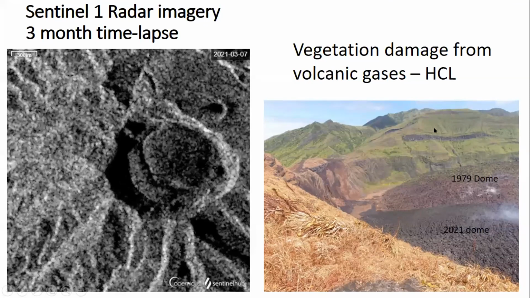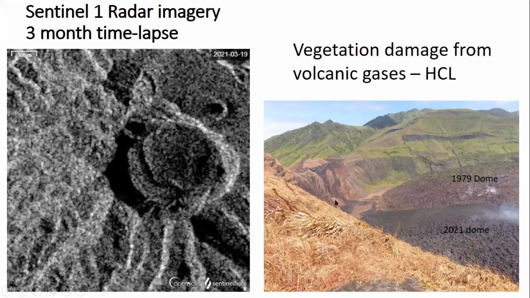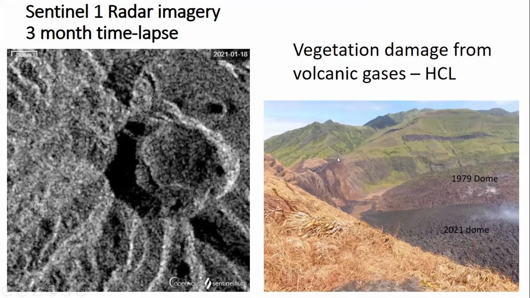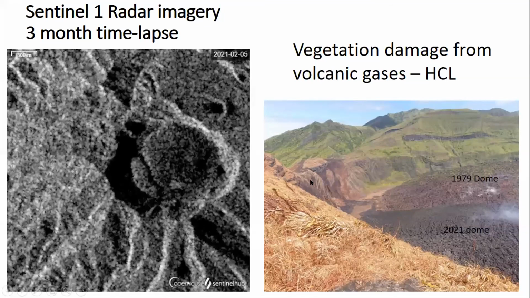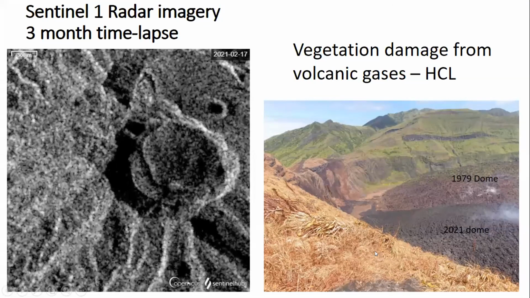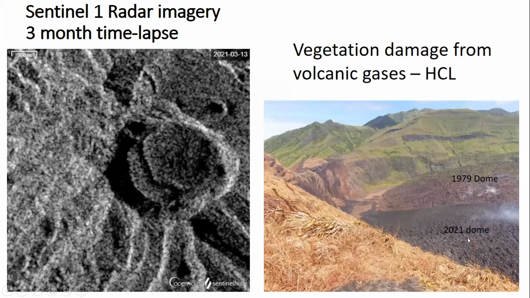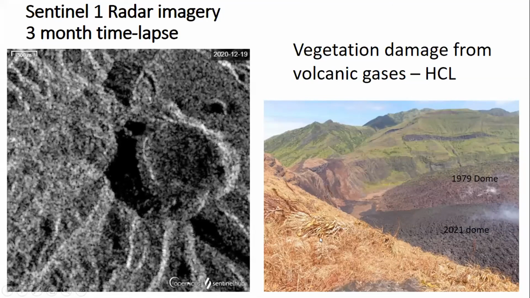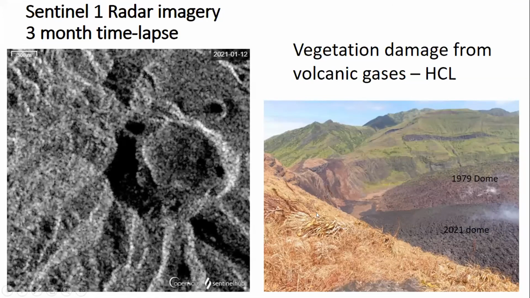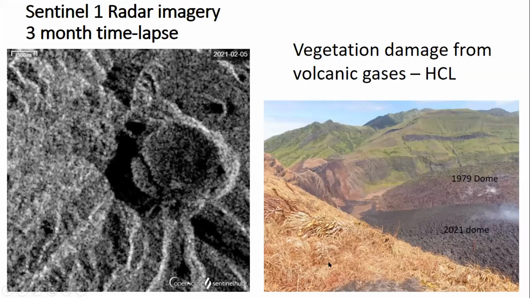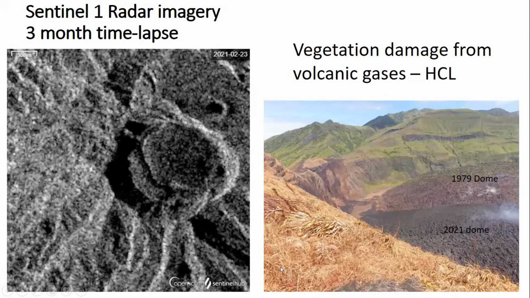Here's the unaffected vegetation in green, but you can see the dead vegetation in brown across this side of the volcano. This is being caused by hydrochloric acid, which is being emitted by the lava itself. So the downwind zone of the dome is generating this, destroying the vegetation.